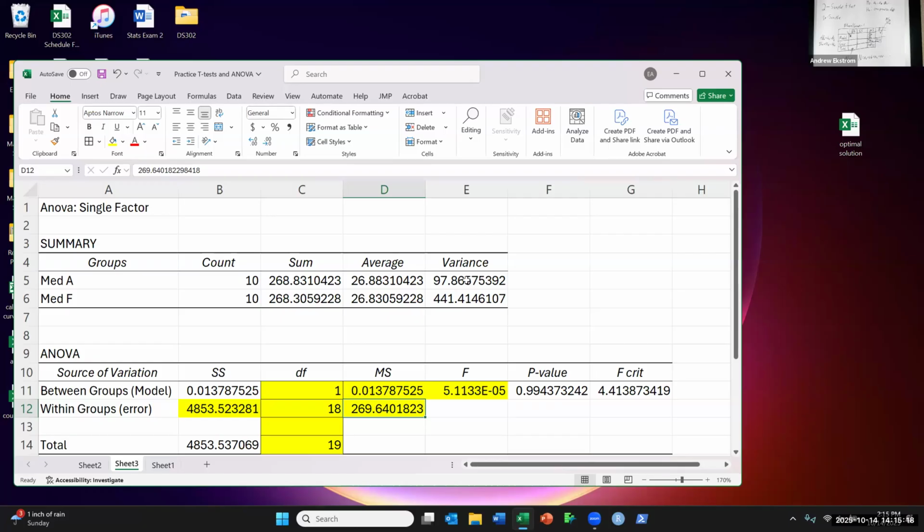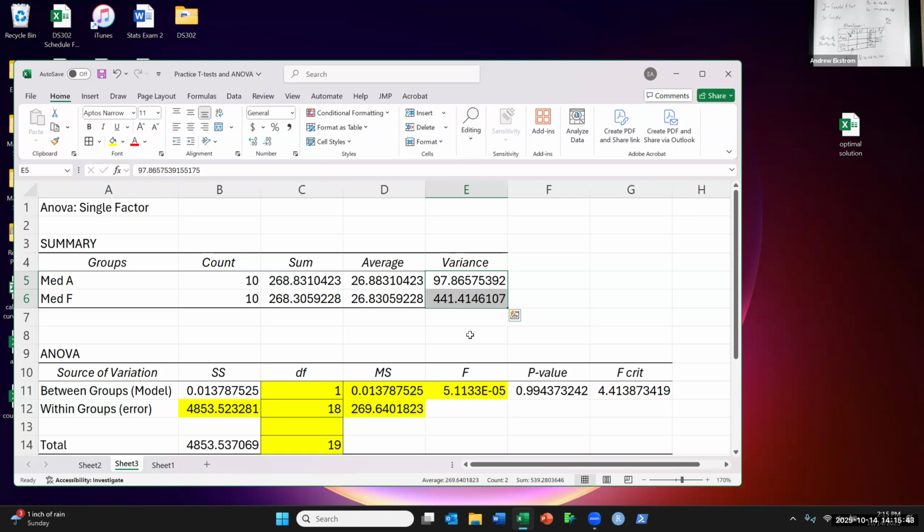We've got the averages, we've got n, we've got variance, and you can see here that the variance between these two is very, very different, meaning ANOVA is not a good choice for this particular type of test.